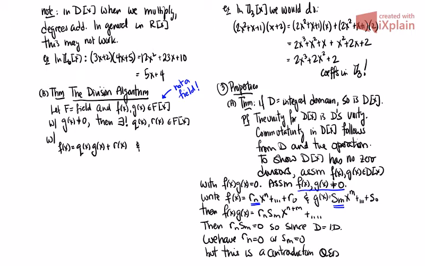Typically in the division algorithm, the remainder is less than the divisor. But in this case that doesn't make sense, so the equivalent statement is that the degree of the remainder is less than the degree of the thing you're dividing by. The proof of this I'm going to omit. It's a bit lengthy and a bit awkward.